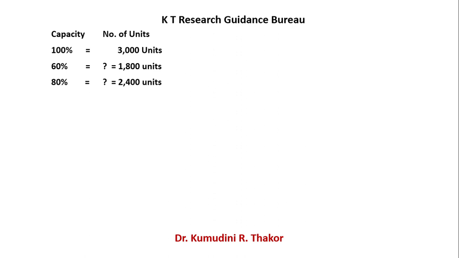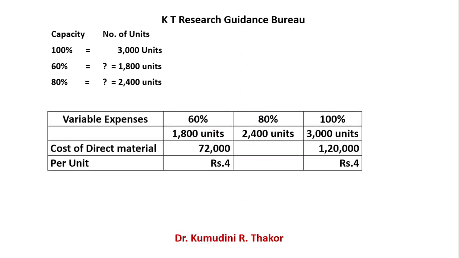In the previous example, I explained to you, but let's try to understand in a simple manner. At 60%, 80% and 100% capacity level, you find the number of units: 1800, 2400 and 3000.